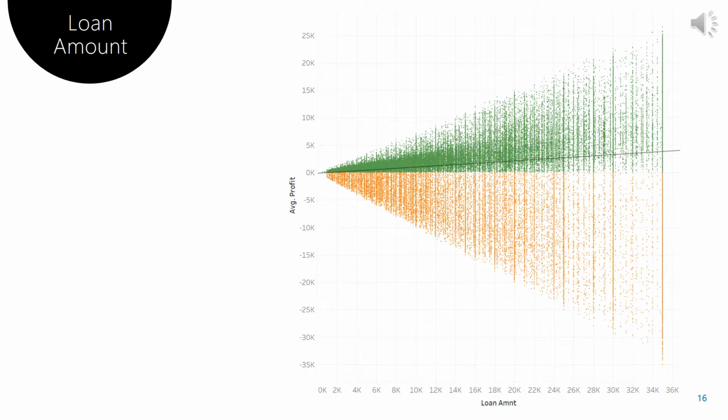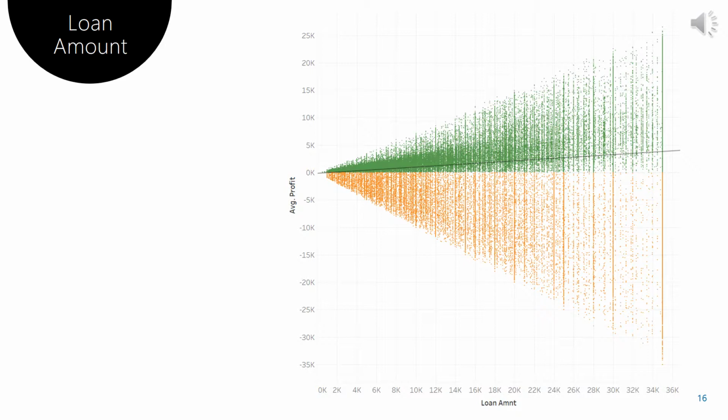When we're visualizing a continuous variable such as loan amount, a scatter plot is a great way to do that, because what that allows us to do is plot every loan record against its profit. So what we're looking at here is each loan. On the x-axis we have loan amount, and the y-axis we have profit.